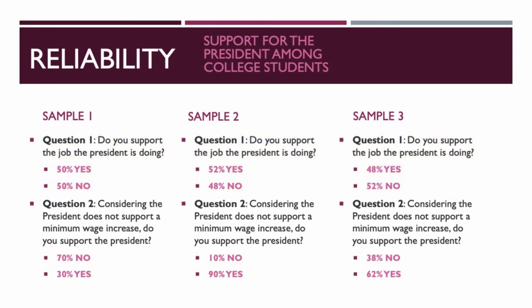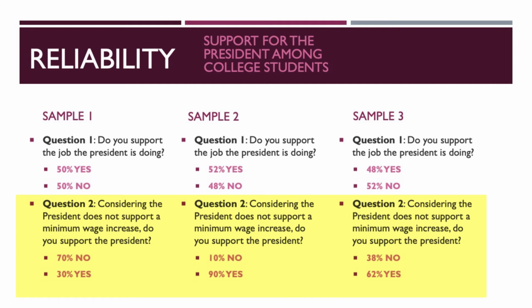Let's say we had a second question on there that also wanted to gauge support for the president. And question 2 reads, considering the president does not support a minimum wage increase, do you support the president? And when we look at how respondents answered this question across all 3 of our different samples, we see nowhere near the same reliability or consistency from the previous measure.